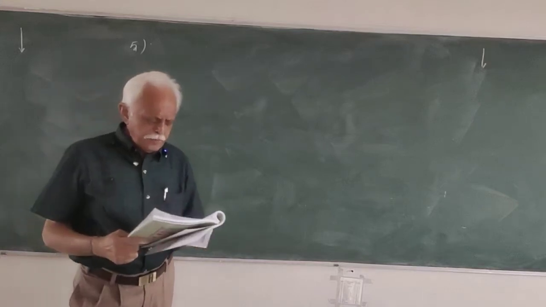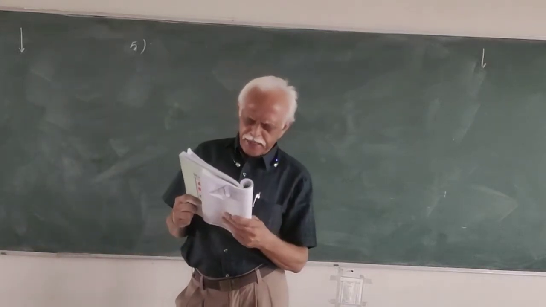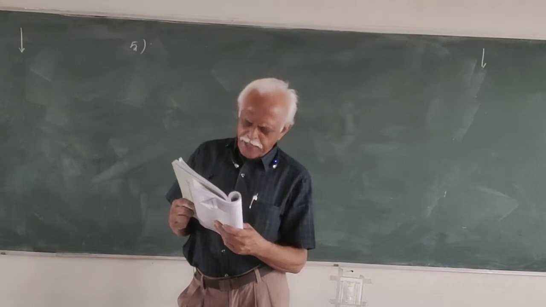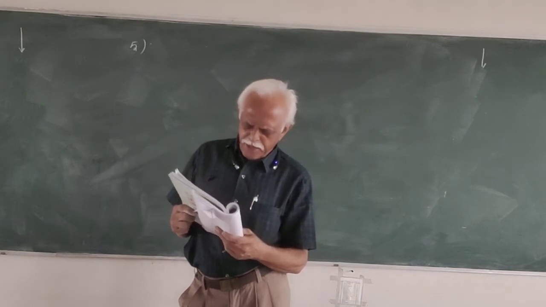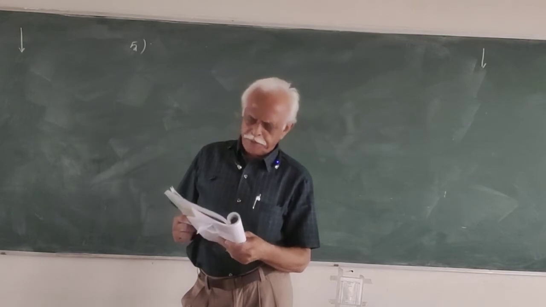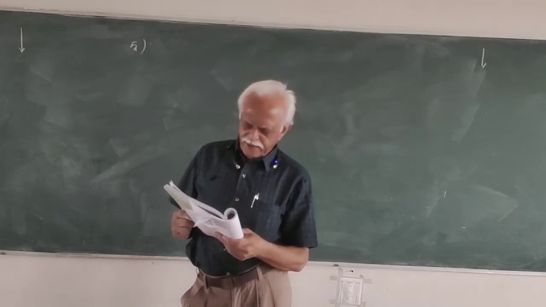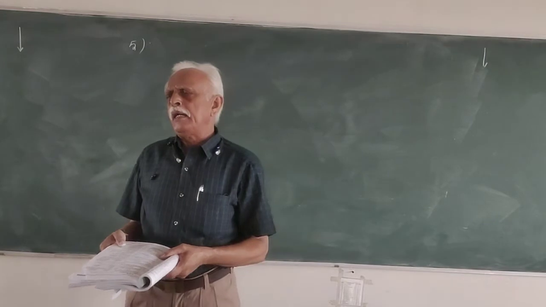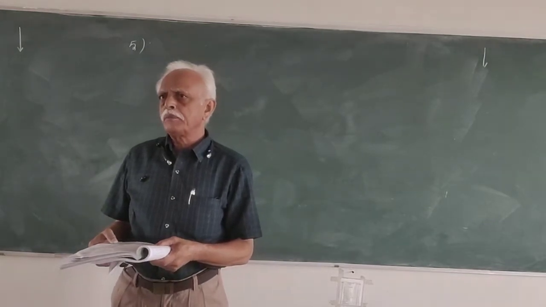Bit number 5. If A and B are two square matrices of order n, A and B commute, that means AB is equal to BA.